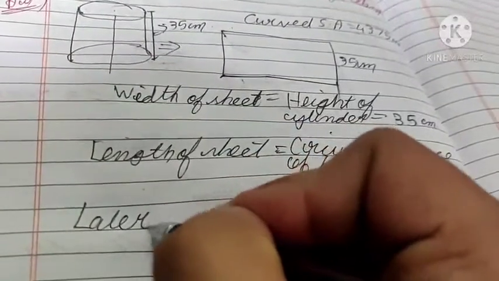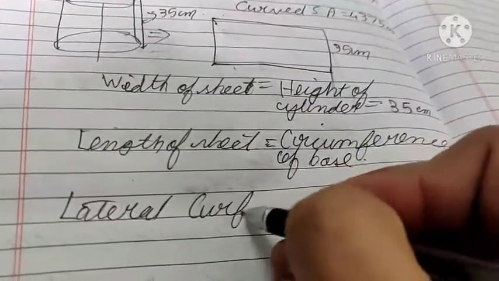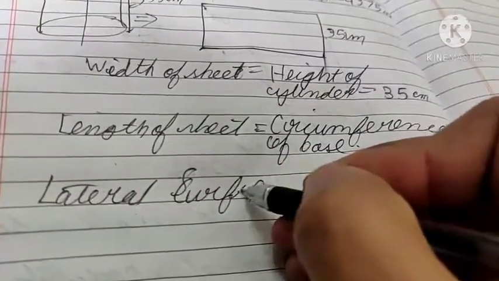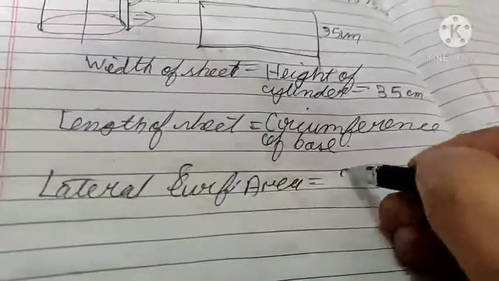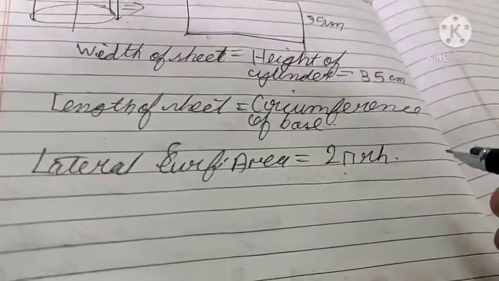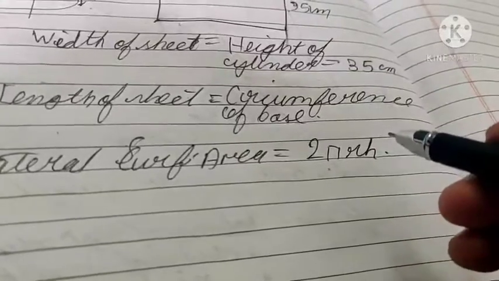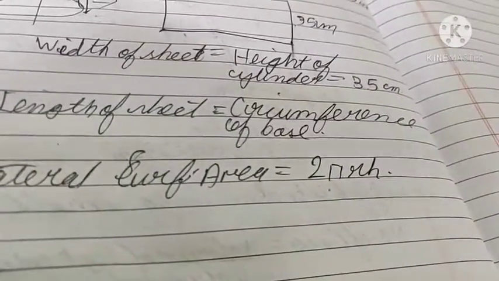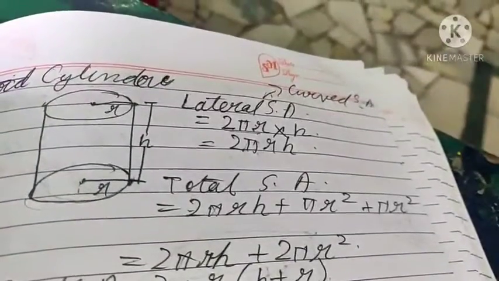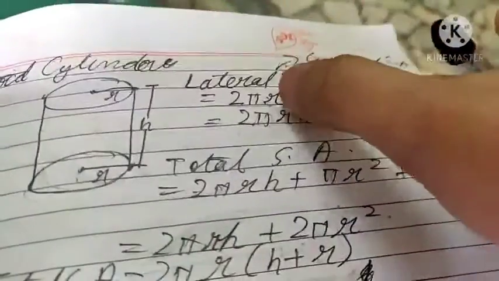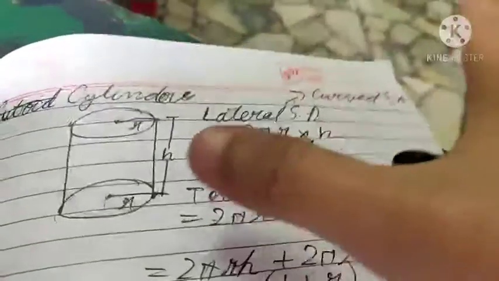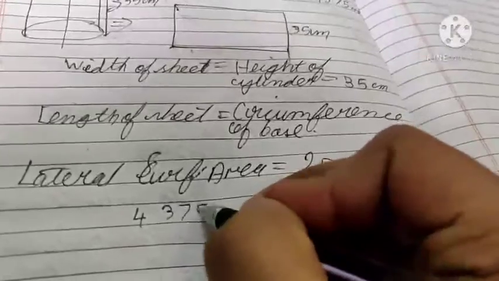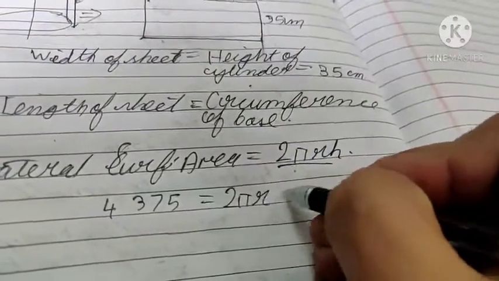So the curved surface area, lateral surface area, had a formula 2 pi r h. And I have also said that this formula is equal to the perimeter of the base into its height. 2 pi r is the perimeter of base, that is the circumference of the base circle. So 4375 is equal to 2 pi r into h.